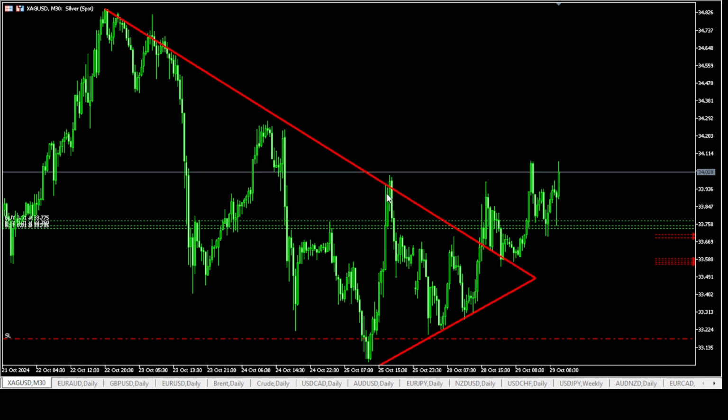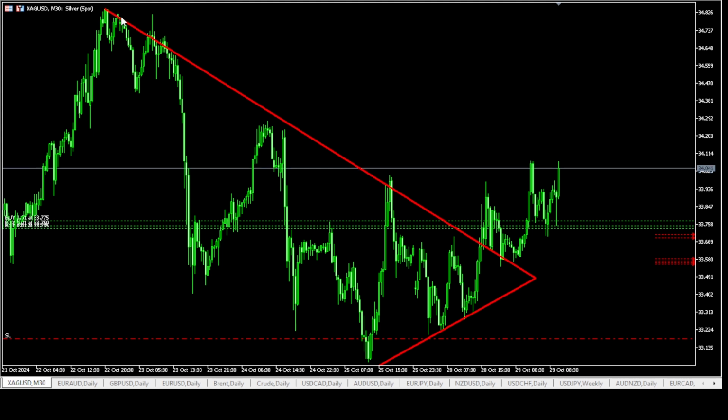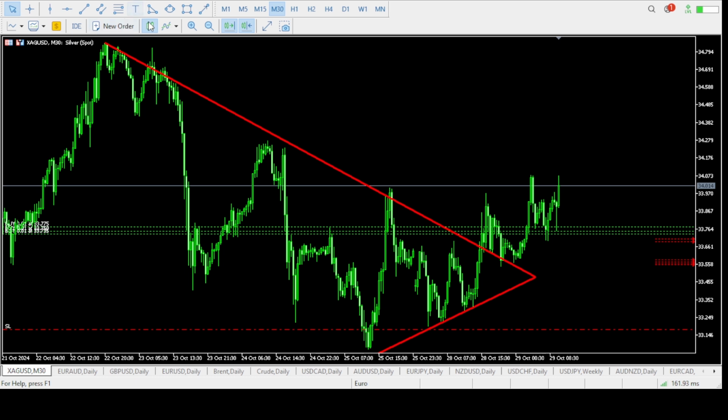From this pattern here, from these price actions, with the help of the candlesticks, there are so many things here. The MW pattern, ABCD pattern is also here. If you look at this, let me bring out my Fibonacci tool.